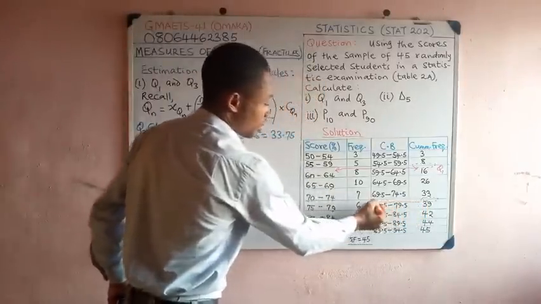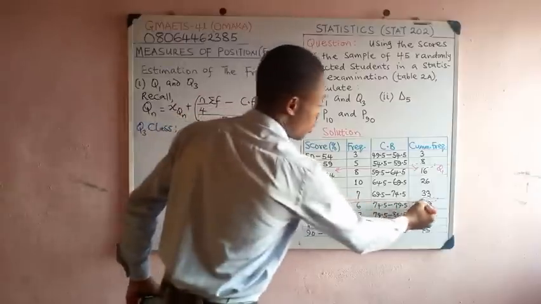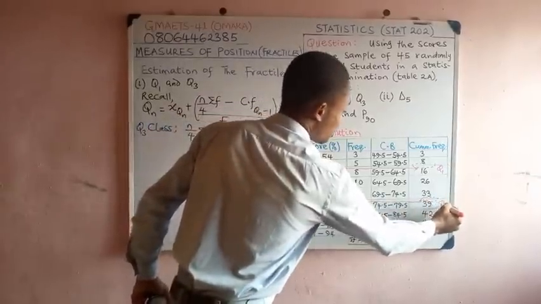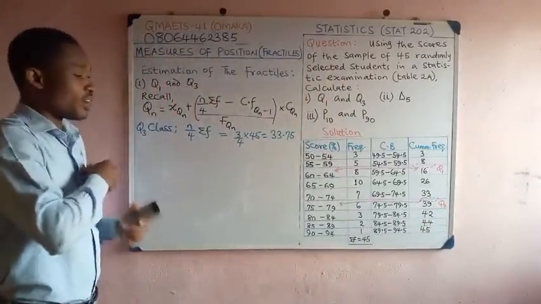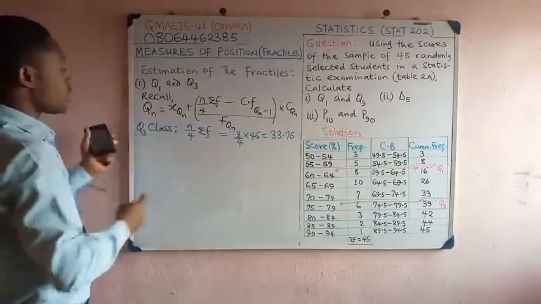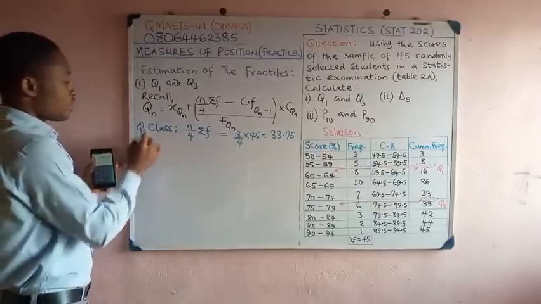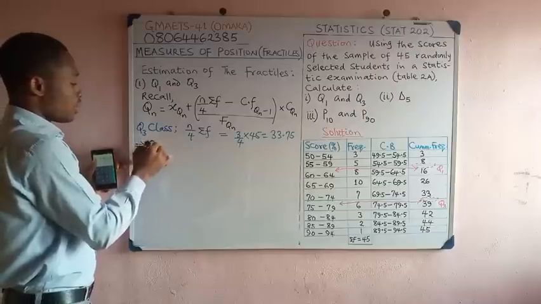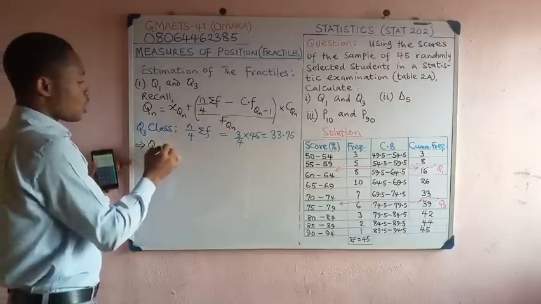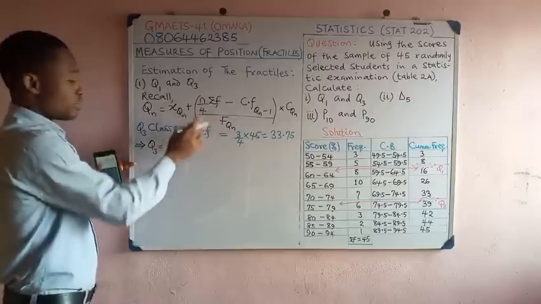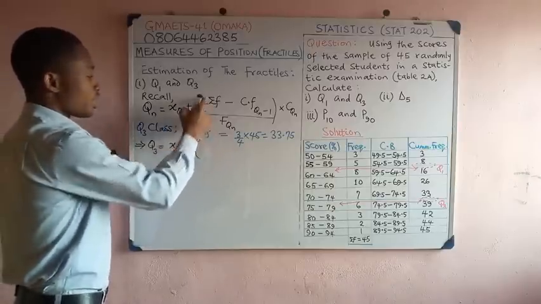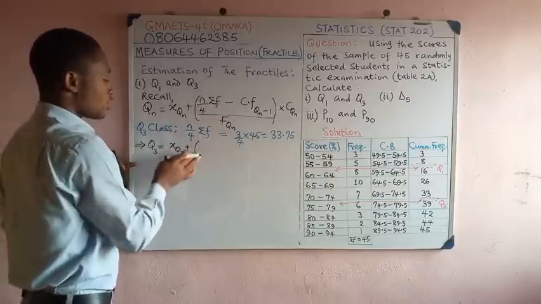So this is our Q3 row or class. Let me indicate it, Q3. So from there, we can now define all our Q3 parameters. The formula for Q3 will now become Q3 equal to L Q3, plus open bracket n over 4, where n is 3.